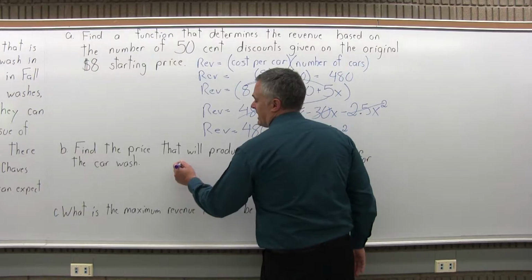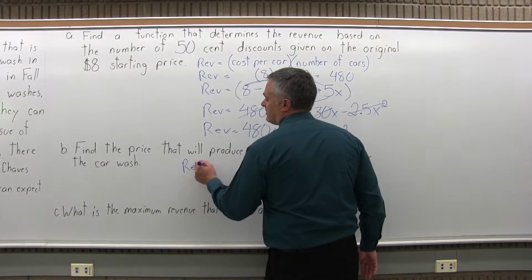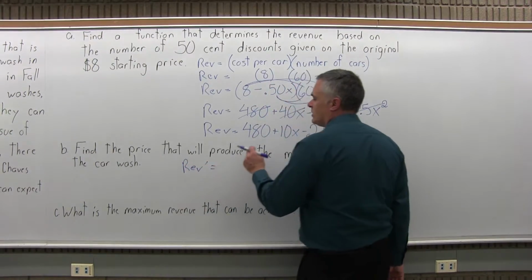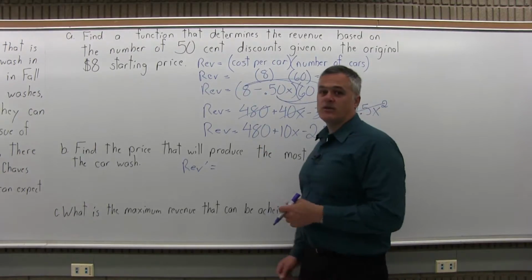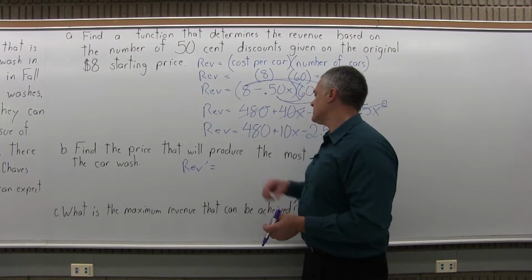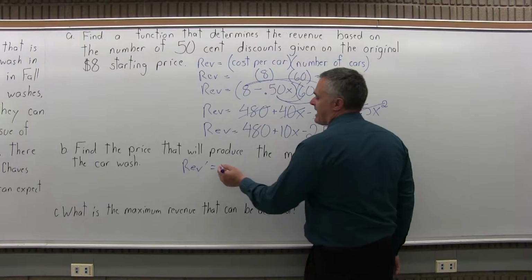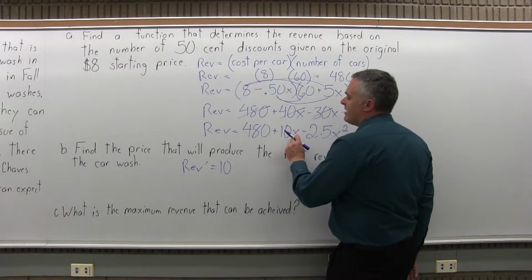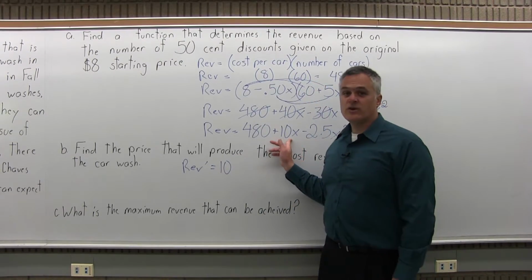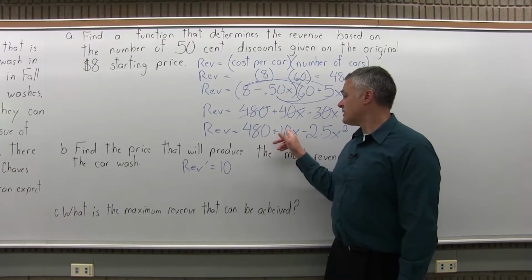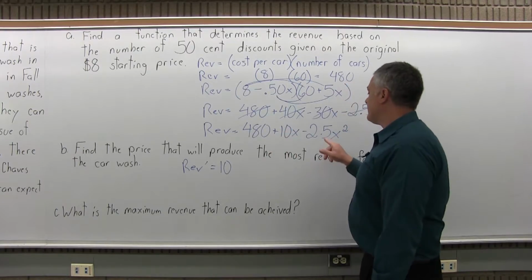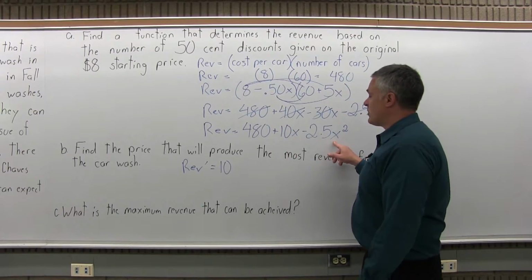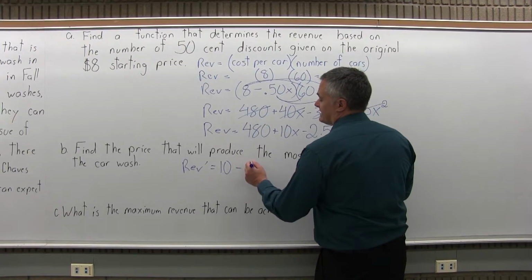So now, to maximize it, we'll go revenue prime, the derivative of the revenue function, equals, the 480 has no variable, so it's just going to go away. Its derivative is 0. The 10x, its derivative is just 10. Again, when you have something with an x to the first, its derivative is just whatever the number in front of the x is. And then the negative 2.5x squared is going to be minus 5x to the first.